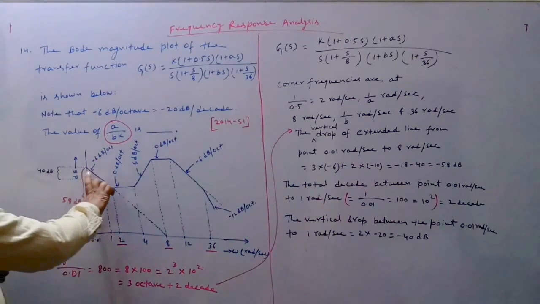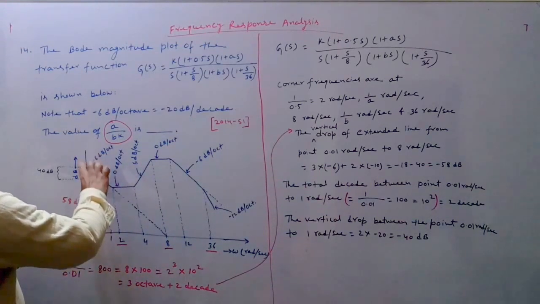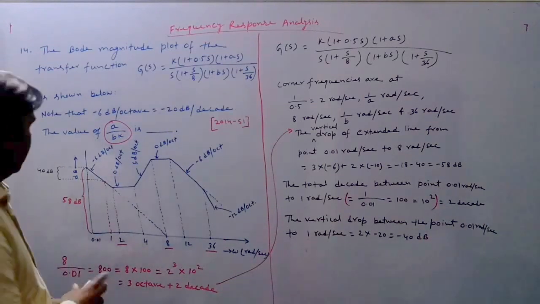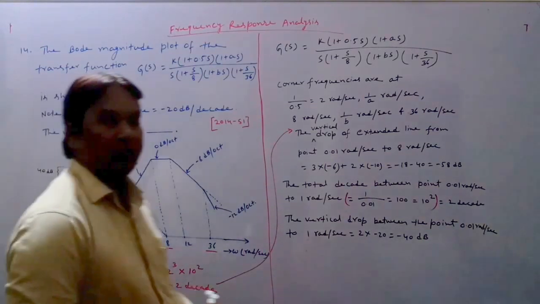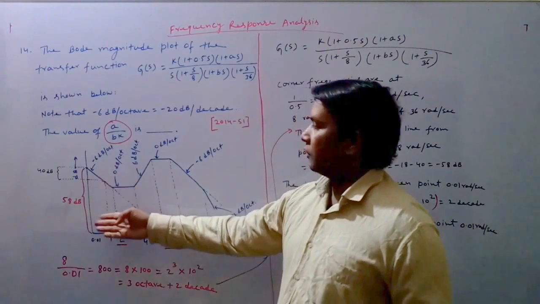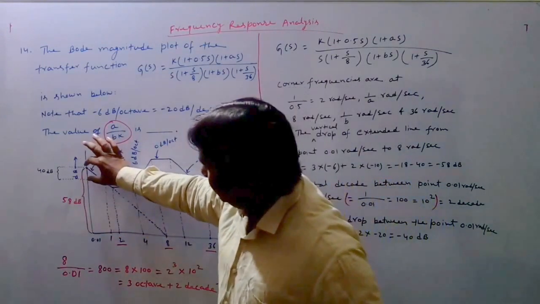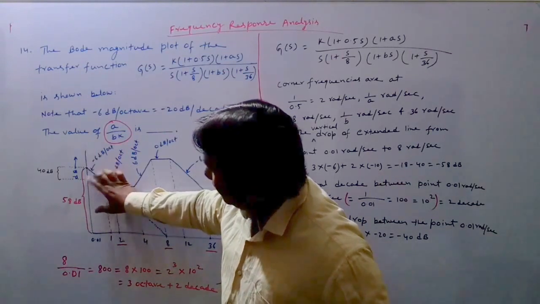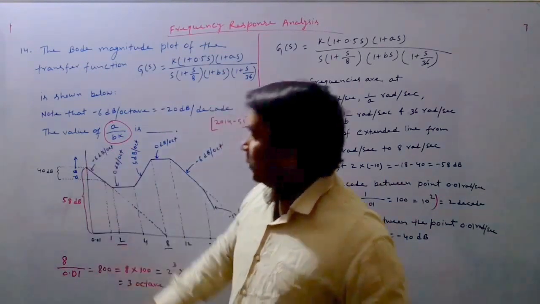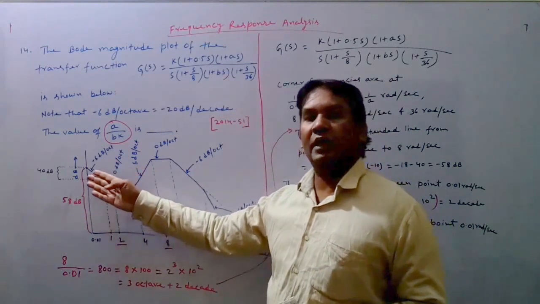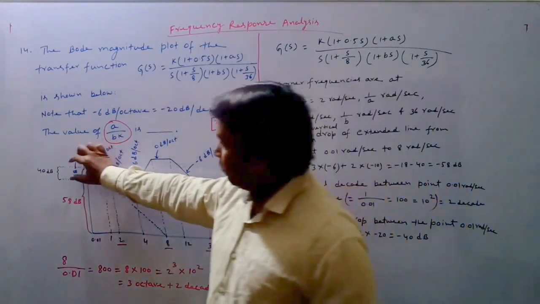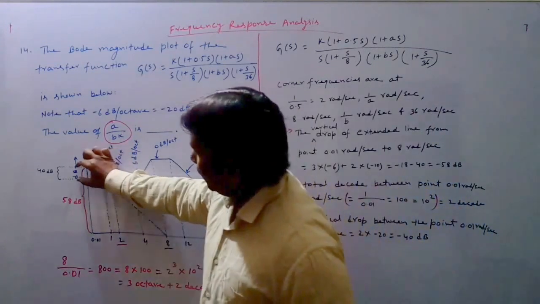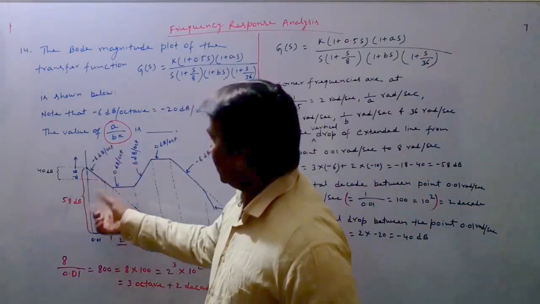Actually this is 58 dB and this is 40 dB. But this is only indicative, this is not on a scale. So let us assume this is 40 dB, because this is 58 dB. So it is only indicative. You assume that this one is 40 dB. Okay, so if this one is 40 dB, how much is this one?